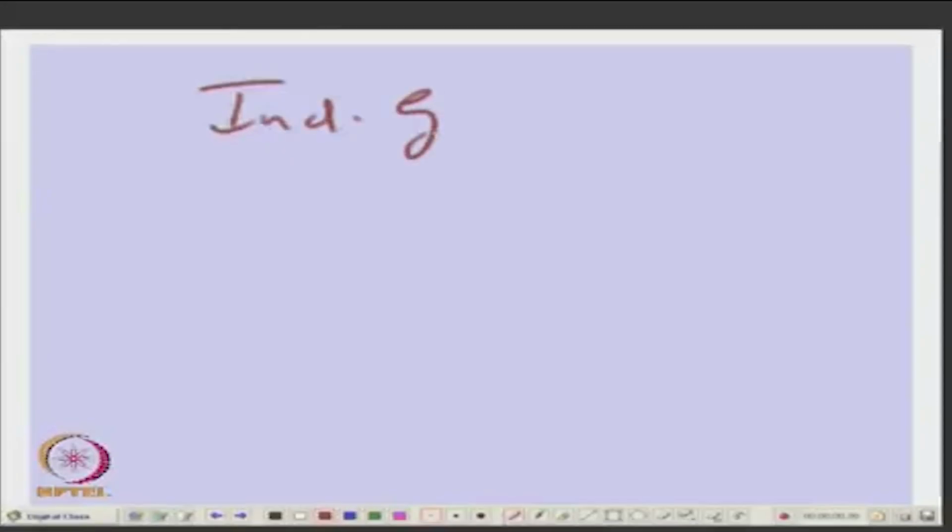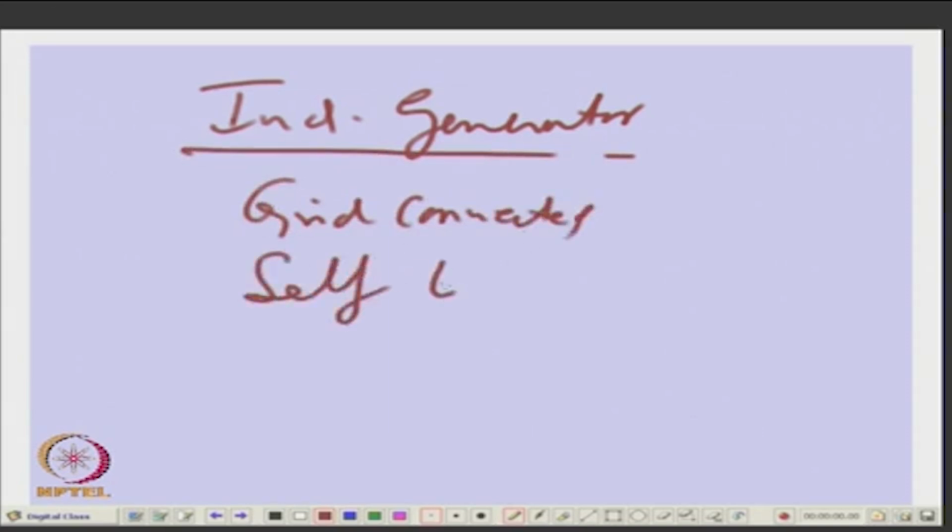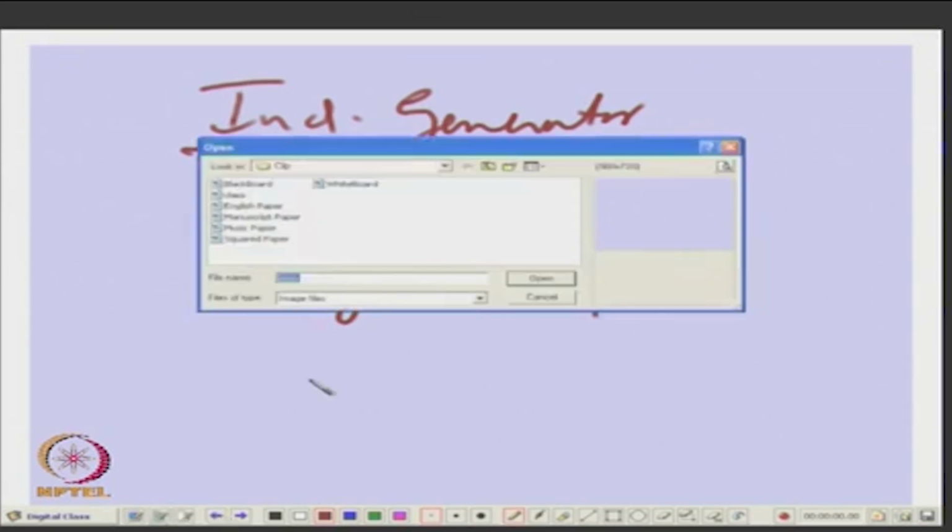And then we also looked at induction generator, because that is grid connected and self excited. This is what we have discussed. Then we looked at the switched reluctance motors.